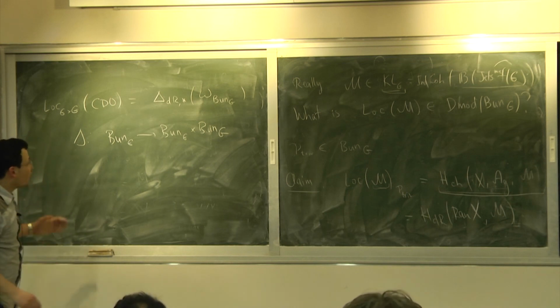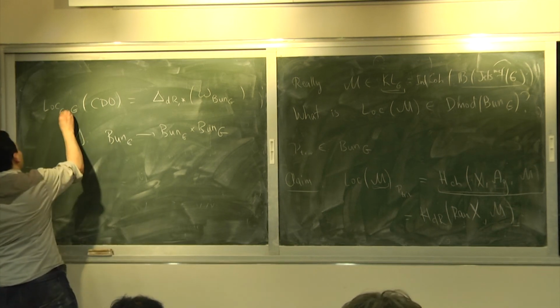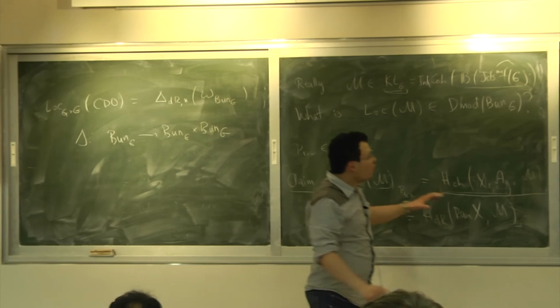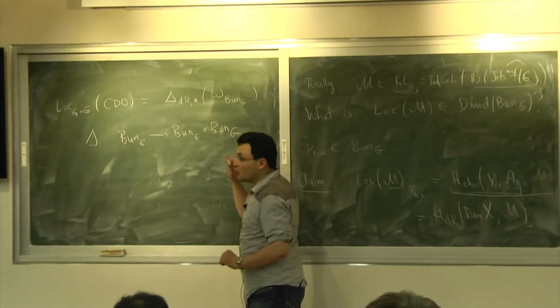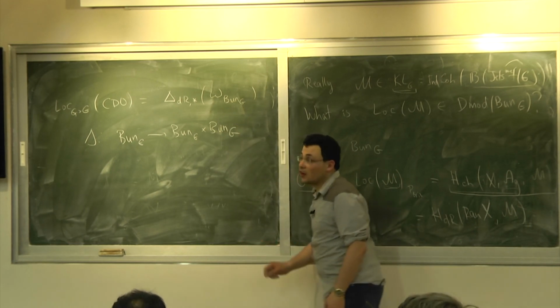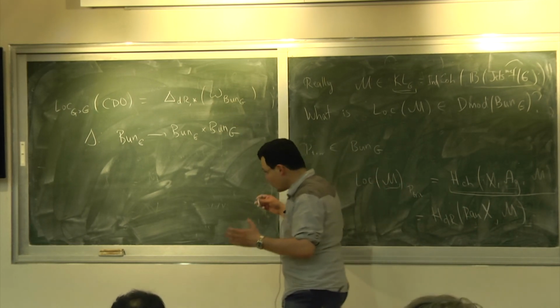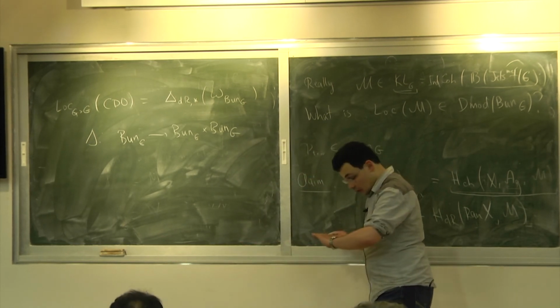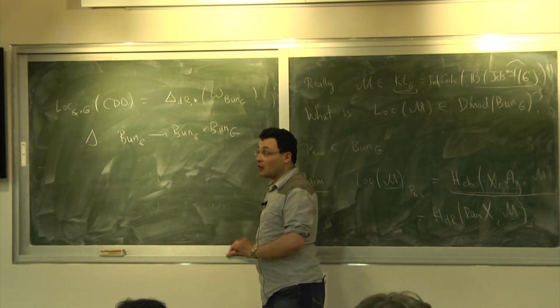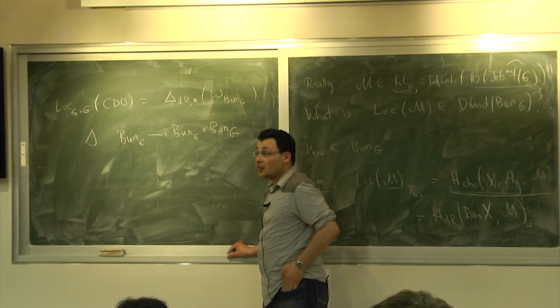So one thing that this formalism immediately outputs is that when you localize chiral differential operators as a D-module on the square of Bun_G, what you get is again delta functions on the diagonal. So I think that's actually all I wanted to say, unless.